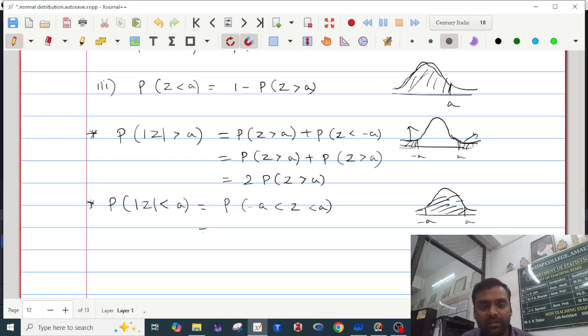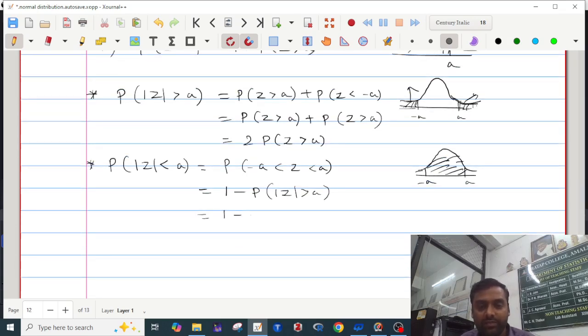So this is nothing but 1 minus probability of z greater than a plus probability of z less than minus a, which is nothing but mod z greater than a, which we just computed: this probability is 2 times probability of z greater than a.